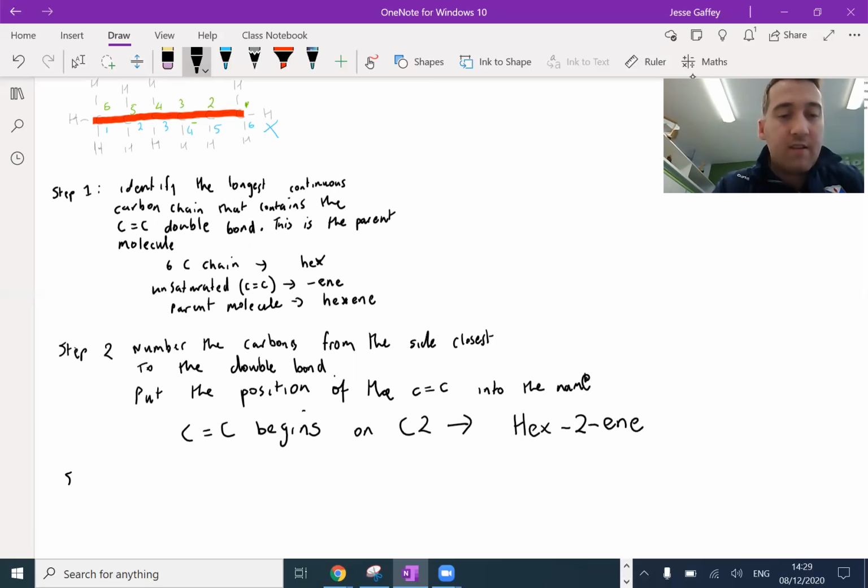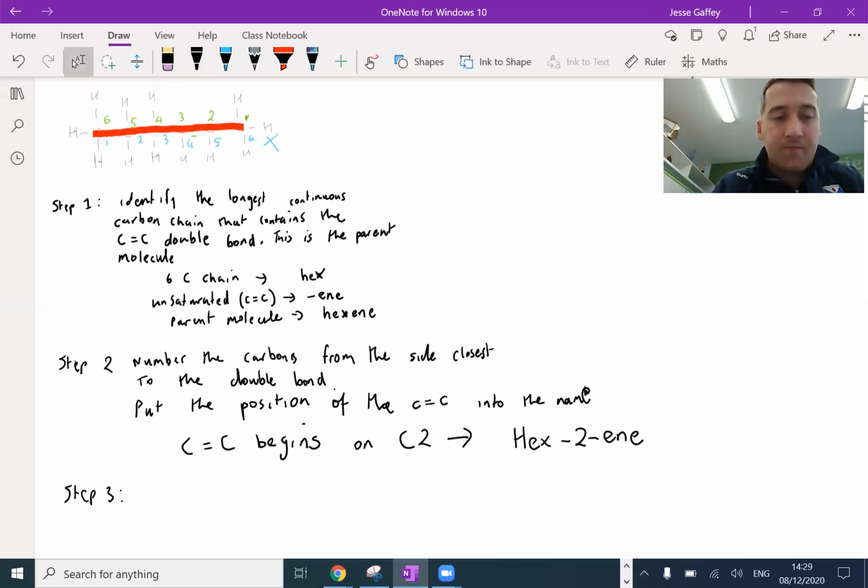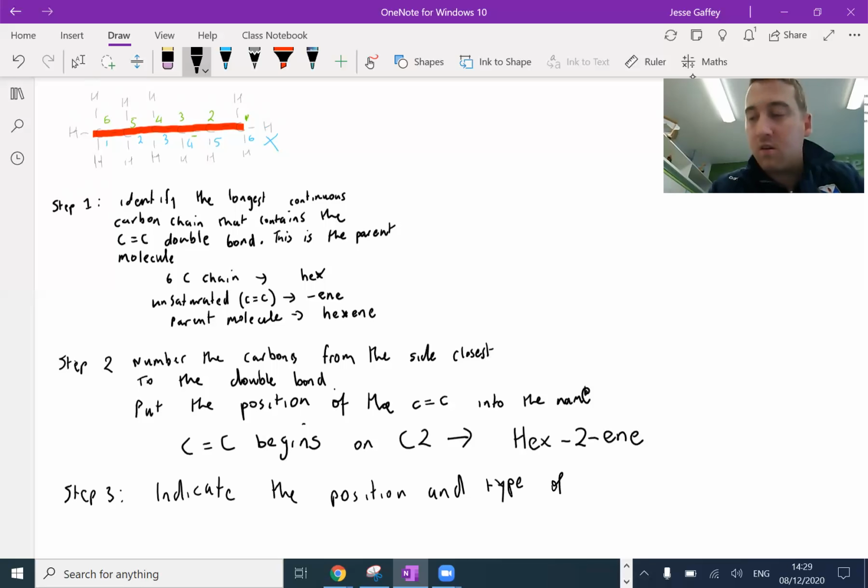Step 3, and it might be necessary, it might not be necessary, depends on the actual molecules: indicate the position and type of branches.